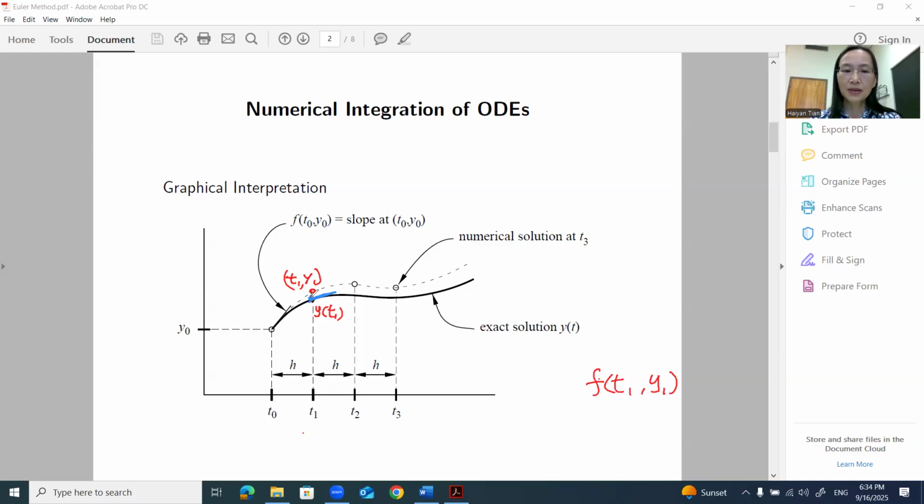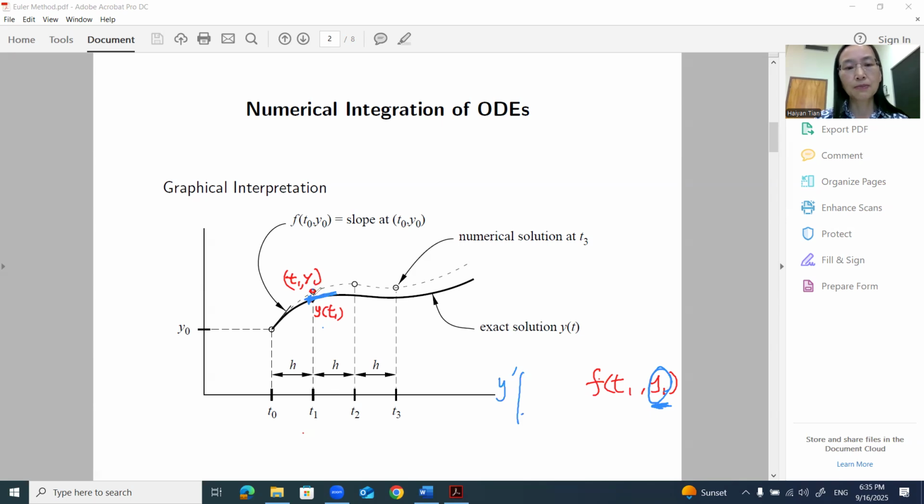In order to get the real accurate slope at this point, we need to use the exact y value. That will give you the slope at this point, if we know the exact y value at t1. However, we only use the approximate y value, so certainly it is an approximation to this slope.